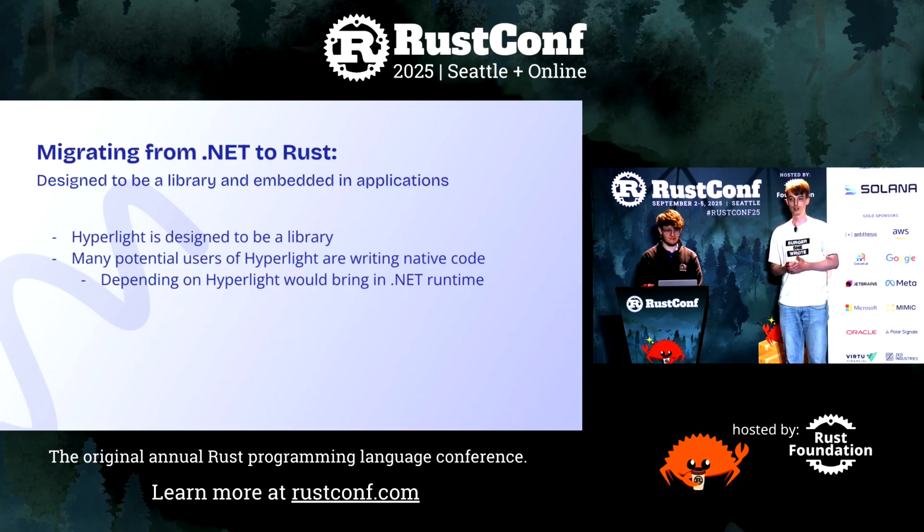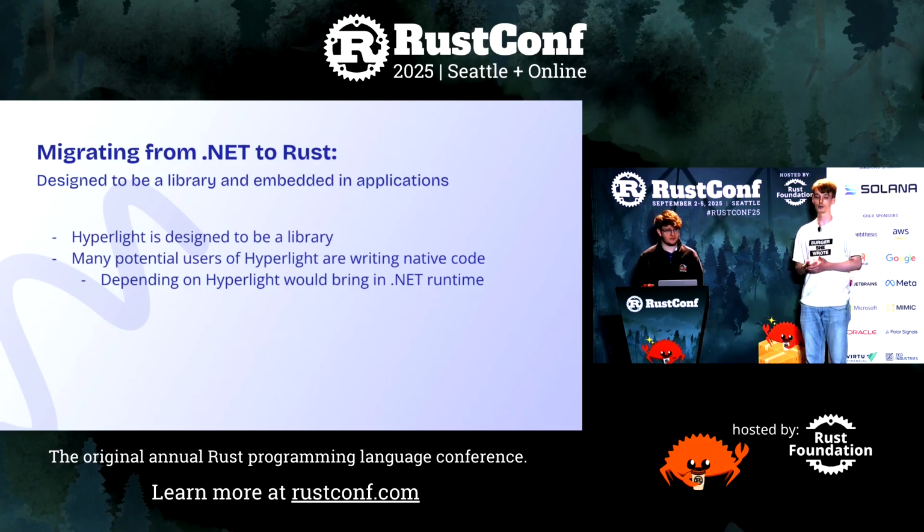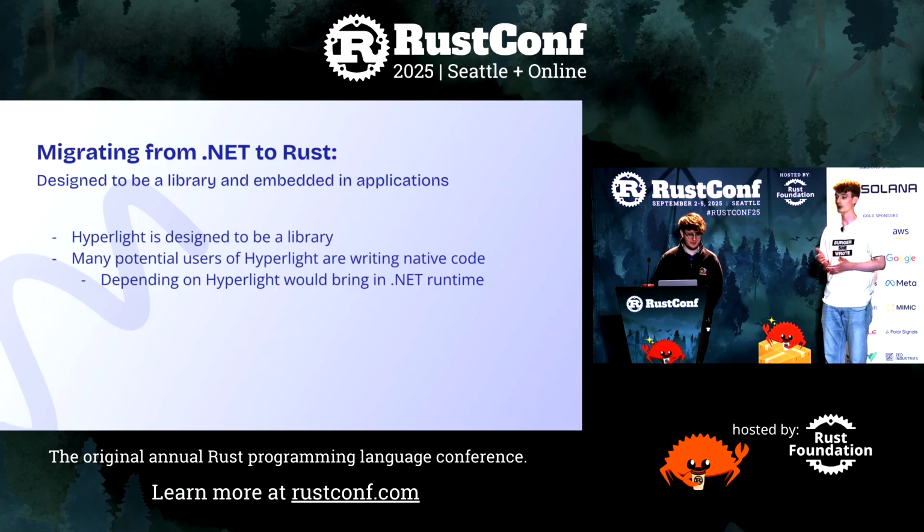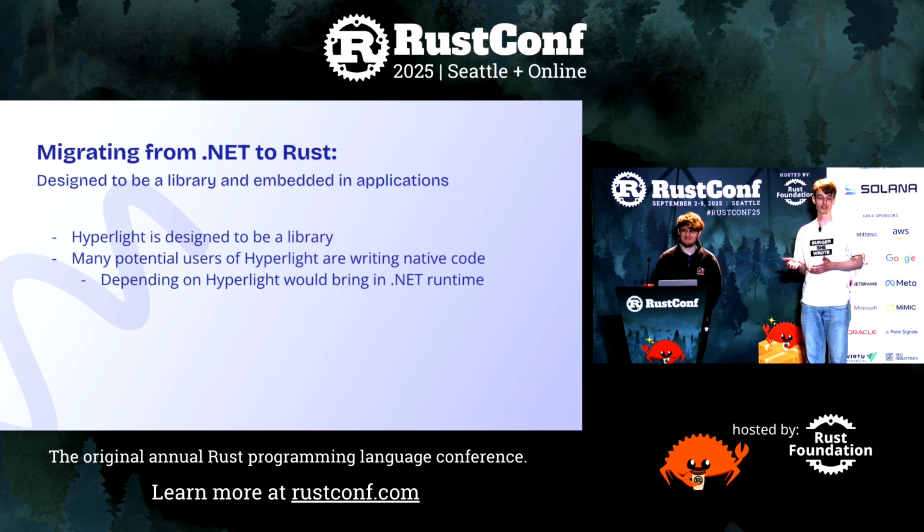That means that if somebody wants to depend on Hyperlight, and Hyperlight is written in .NET, then they would also bring in a runtime dependency on the .NET runtime. For many of our potential users, that's just an immediate no-go. They don't want anything to do with the .NET runtime. We found that many of our potential users are already writing native code like C or C++ or Rust, so we want to meet our users where they're at already.